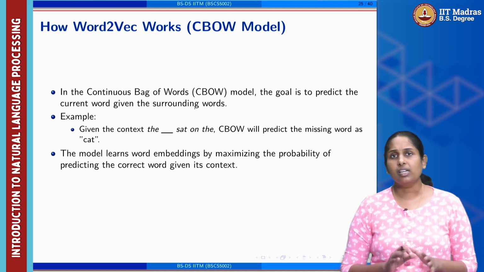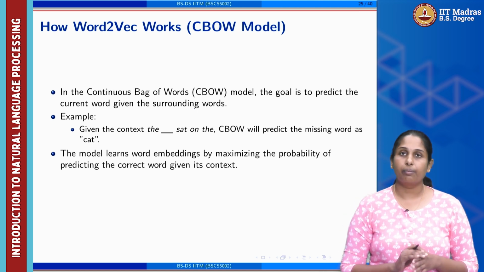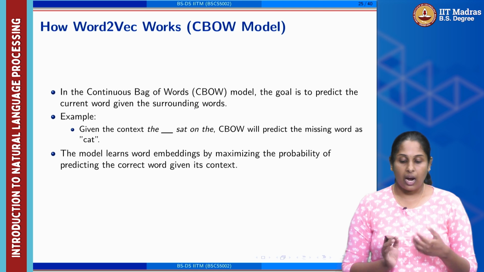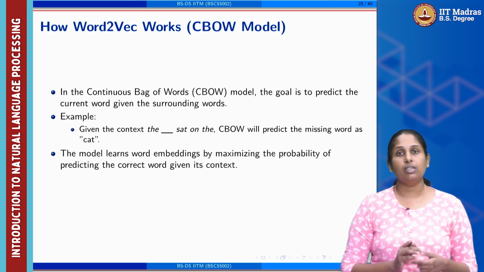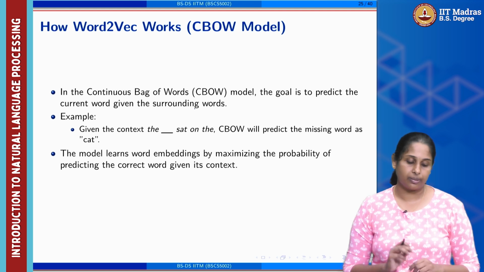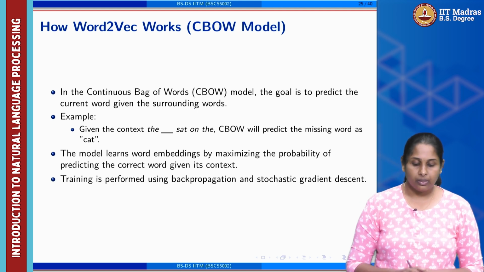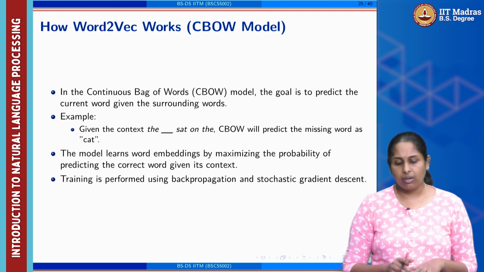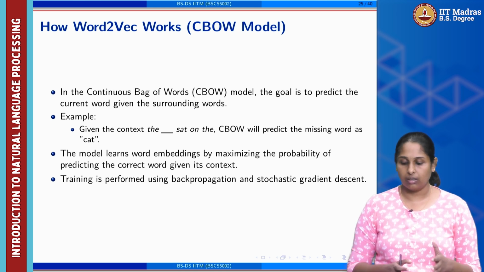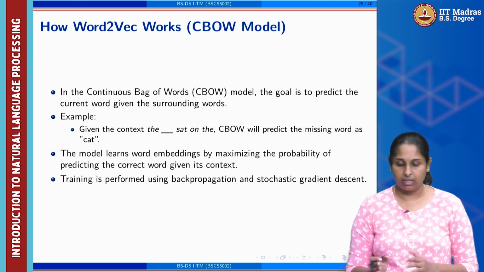The model learns through word embeddings, because word embeddings already create a dense vector representation, and it maximizes the probability by predicting the correct word given the whole surrounding context. Training is performed using backpropagation and stochastic gradient descent.